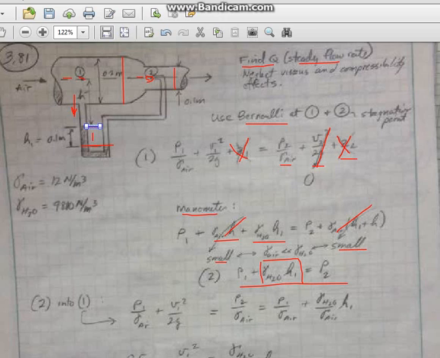So now we can put number 2 into number 1 here, because we had two unknowns here. We have the P1 and the P2. Now we know P1 as a function of P2 or vice versa, so we can plug in.